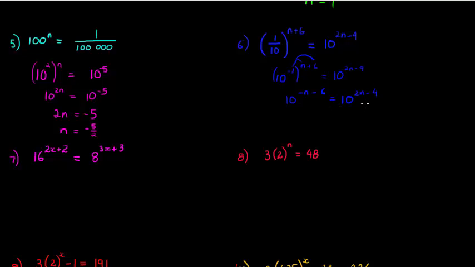And now same bases, which means my exponents must be the same, so I get negative n negative 6 is equal to 2n minus 4, and that will give me, I'm going to need some more space, so let's write here, that will give me negative 3n is equal to positive 2, so n would equal negative 2 over 3. There we go, we're doing well.